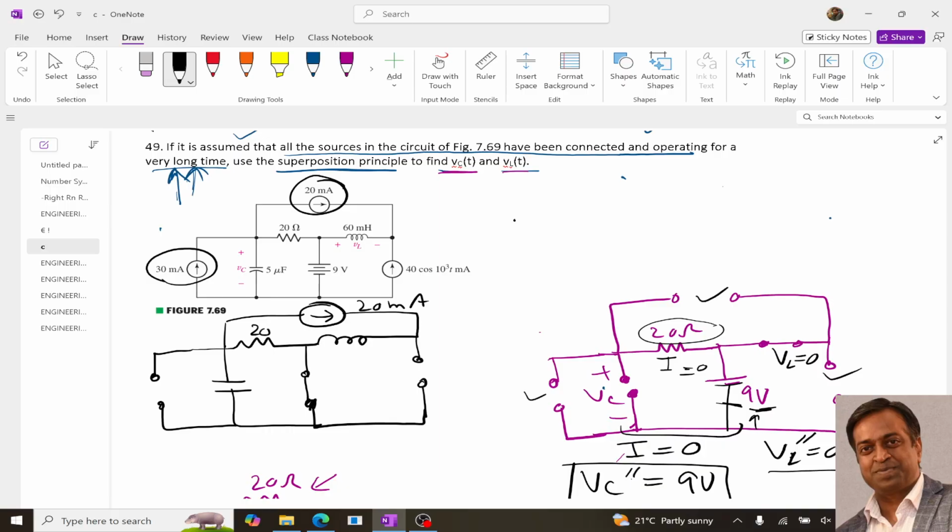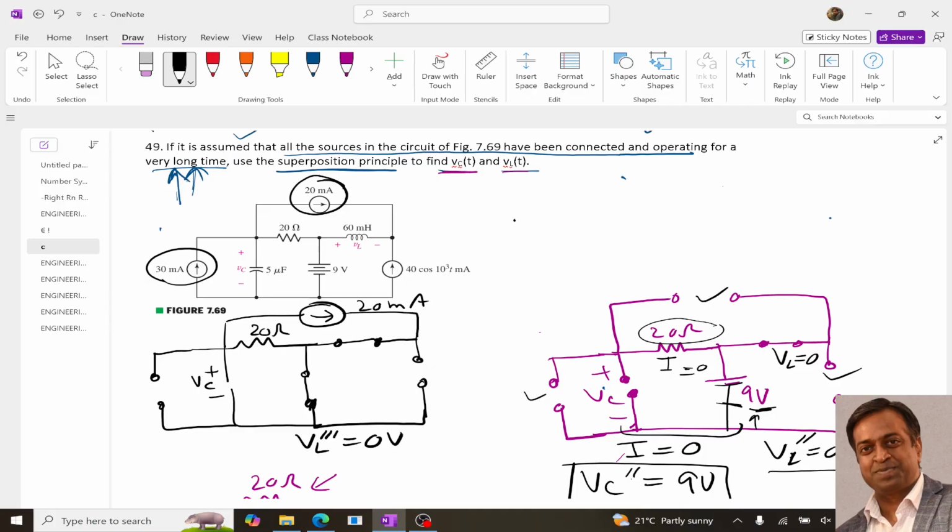This is 20 ohm. Now because it is a constant current source, our capacitor will be replaced with an open circuit, and similarly the inductor will be replaced with a short circuit. Since the inductor is short circuited, VL triple dash will be 0 volt, right?